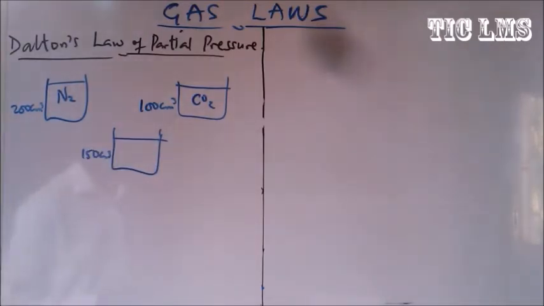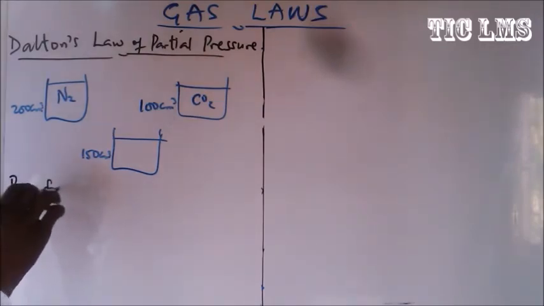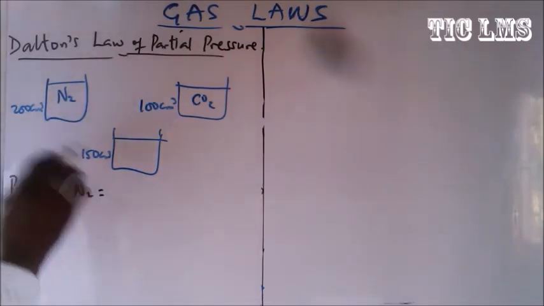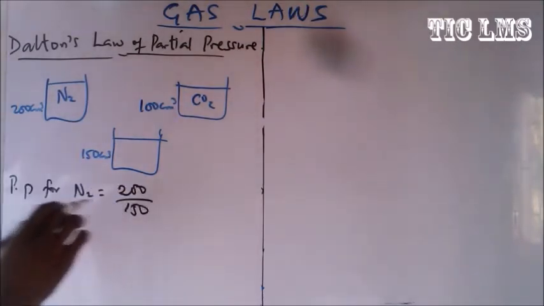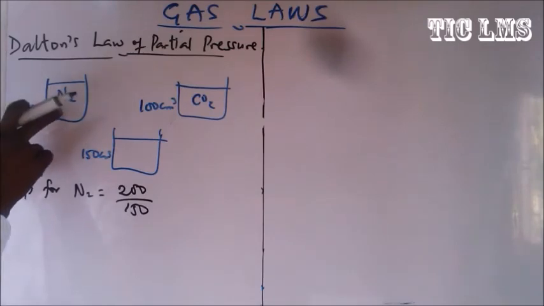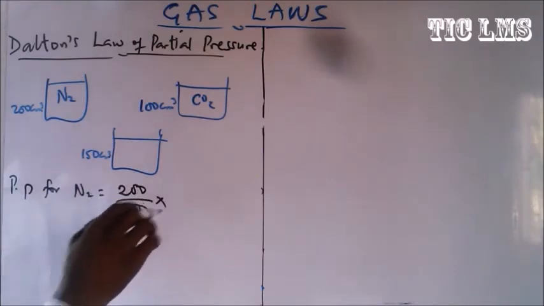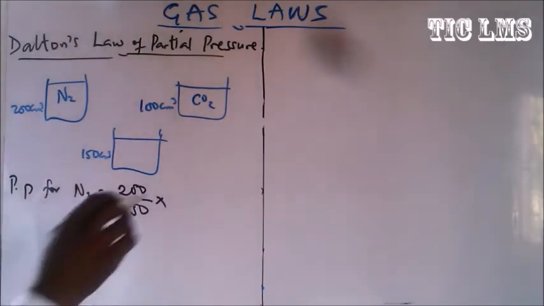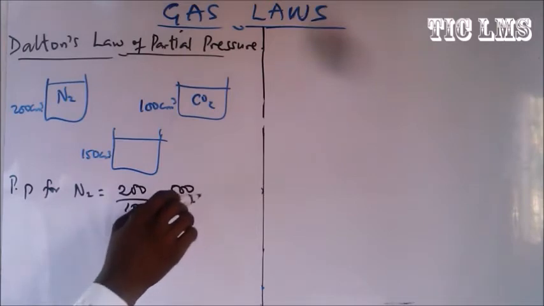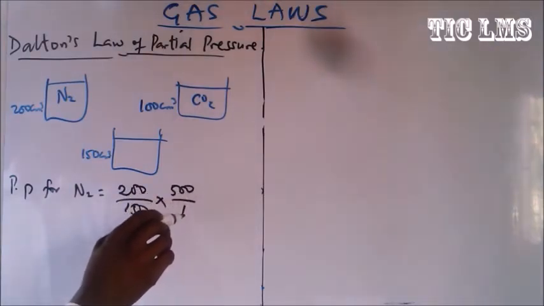Both of them are going to exert their own partial pressure. Now when we know their partial pressure, we'll be able to get the total pressure. Now we're given the pressure of nitrogen gas here and the pressure of CO2 gas here. And so the partial pressure for nitrogen will be equal to 200 over 150, because the 200 cm cube volume of the nitrogen gas had been put into this 150 cm cube, times its initial pressure, which was 500 millimeter mercury over 1.